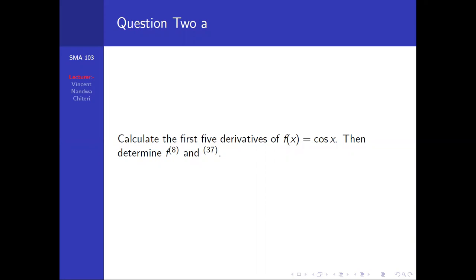Now, this question is simply testing whether we can determine a pattern for higher derivatives of a function, and then from the pattern, predict other higher order derivatives without necessarily working out the derivatives from the first up to that given specified derivative. So let's see the answer to this.